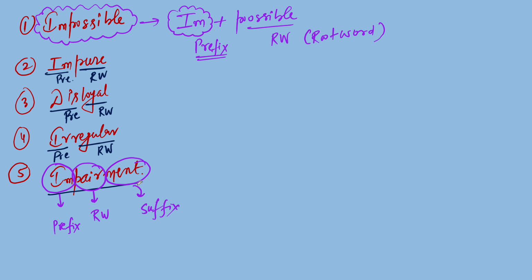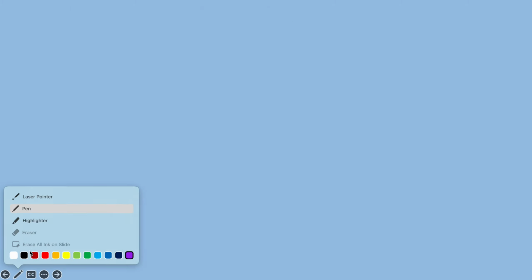So I hope you recognized or identified affixes, whether it is prefix, suffix, or infix. In these five words, there were no infixes, so that's why we didn't identify that. Okay, now come to the next slide.